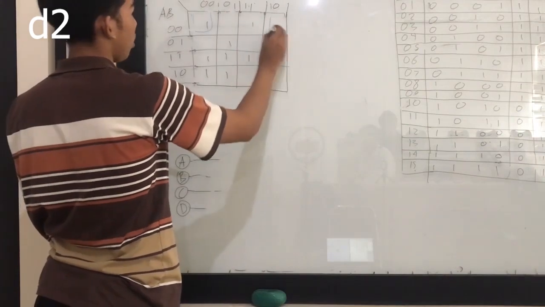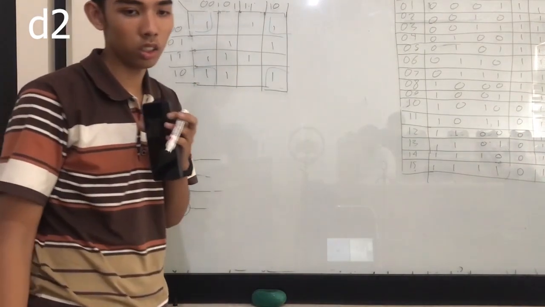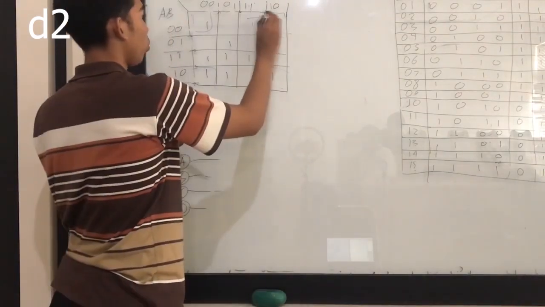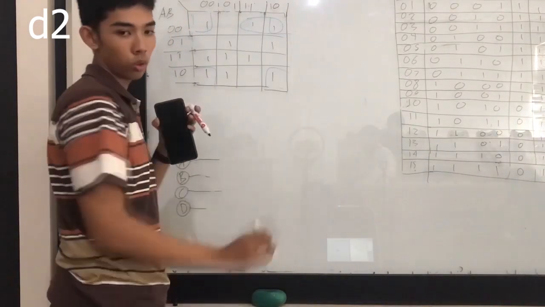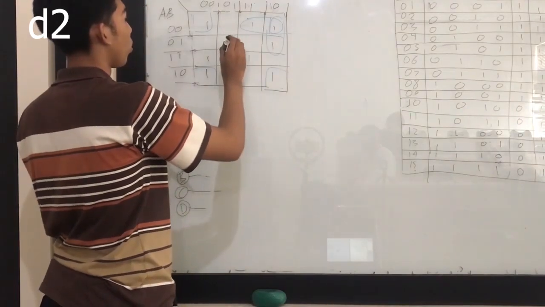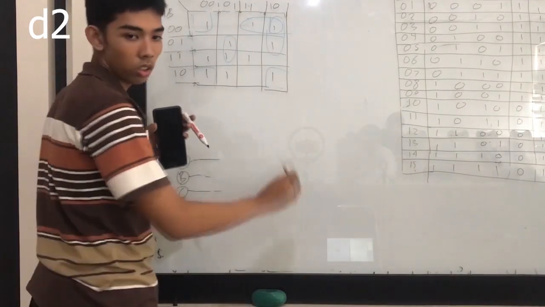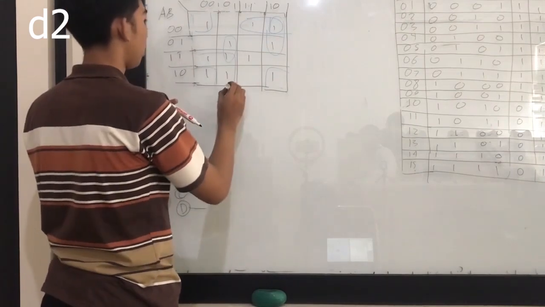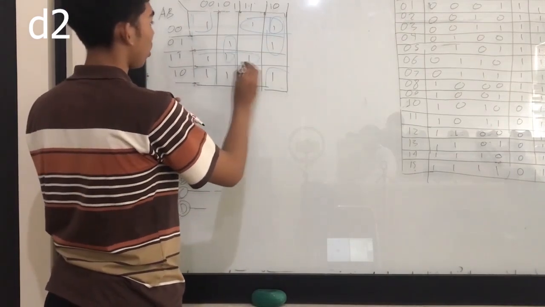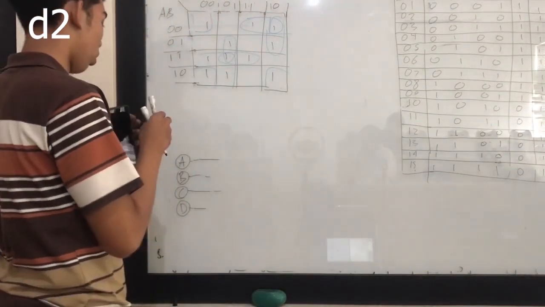Okay, that's group 1, the group 2, the group 3, the group 4, the group 5, and the group 6. Okay, let's try to draw the expression.